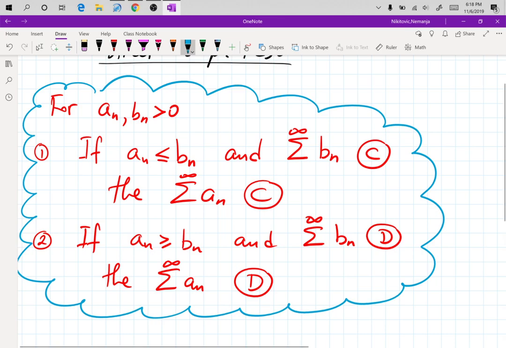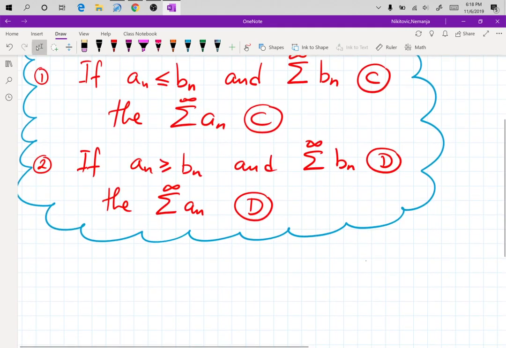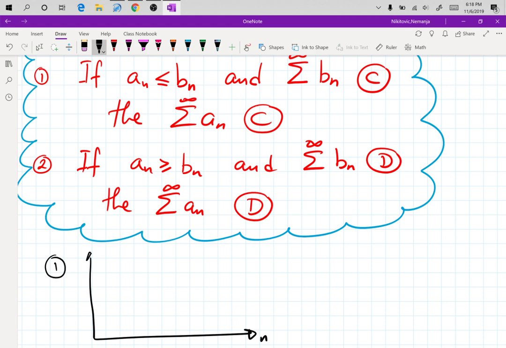So you will find this on line number 9 on your sheet. Now, much better to understand these tests is if you look at the graphs. So for number 1, this is n, right? This is an axis. I am going to have in black some crazy an that I can't really get a good grip at.